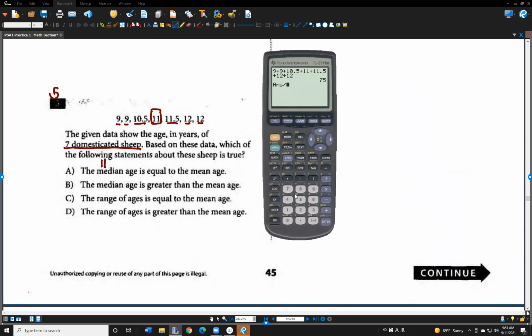After that, you can divide by 7. Okay, so the mean is 10.71, the median is 11. This is 10.7, they are not equal.